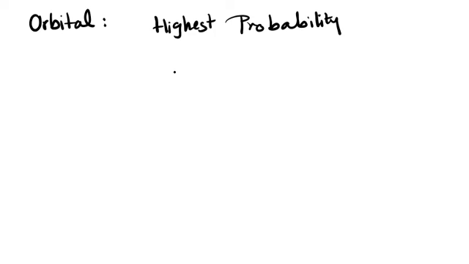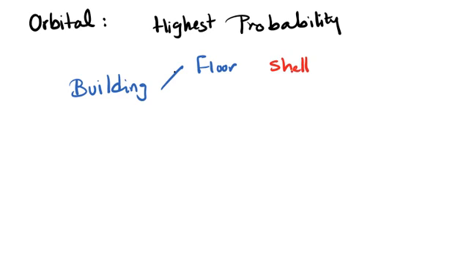Let me give you this example. If we have a building, each floor in the building is represented by a shell. If we have a building with 5 floors, it means we have 5 shells in the building. Then if we have units per floor, we call that subshell. So shell number 1 has 1 unit, which means S. Floor number 2 has 2 subshells, 2 units, and so on.